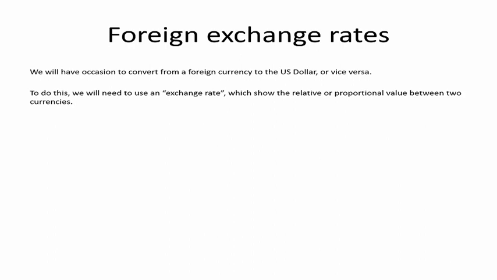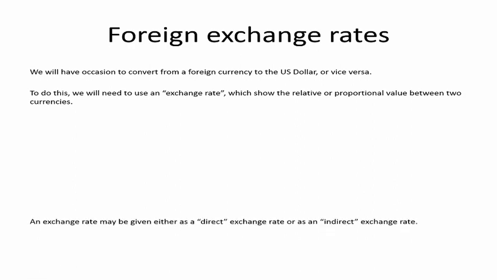to dollars. Now, to do this, we're going to need to use an exchange rate, which shows the relative or proportional value between two currencies. Basically, it expresses the price of the foreign currency in terms of the US currency, or vice versa, it expresses the US currency in terms of a price in the foreign currency.